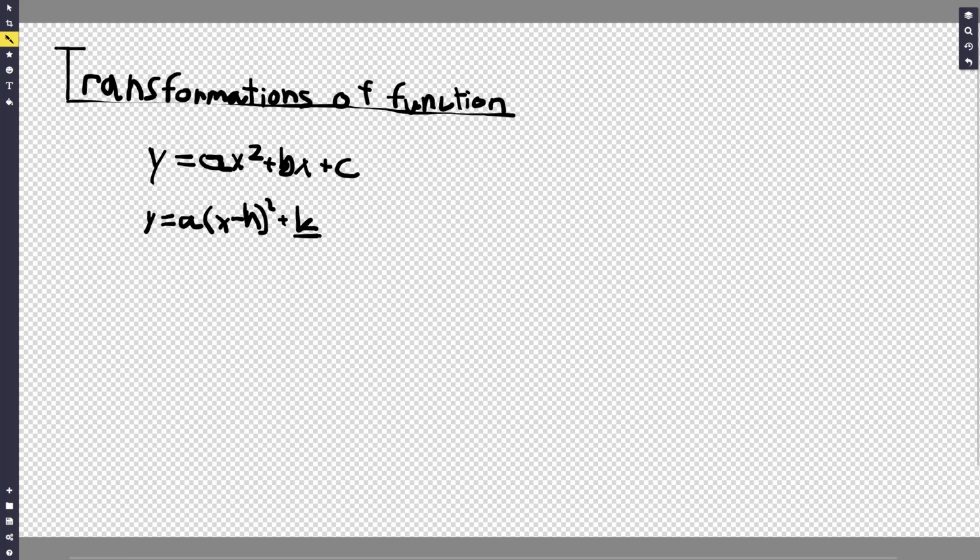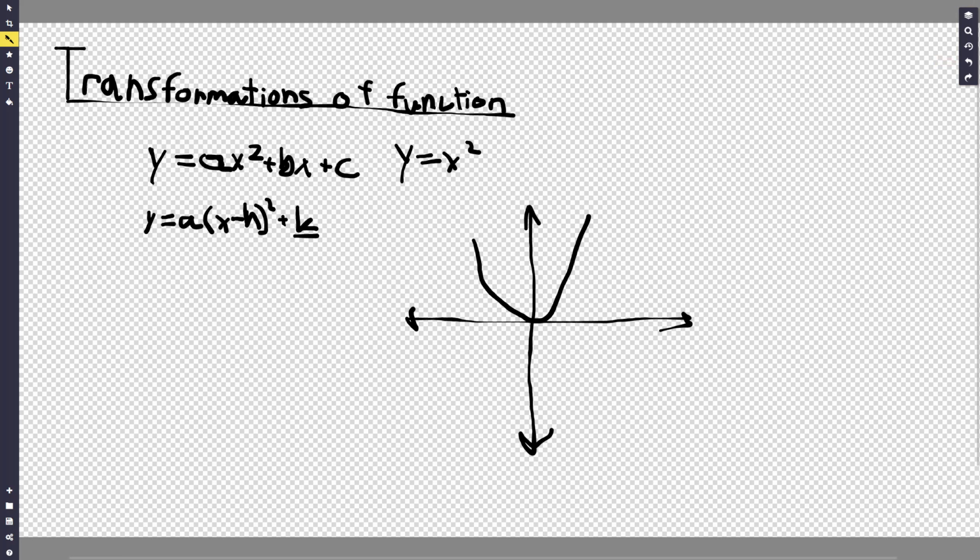So k is going to be the y level of the highest or lowest point. Normally it's with just plus 0. Let's just use this as an example: y is equal to x squared, the base function. So it goes through the middle and up here.